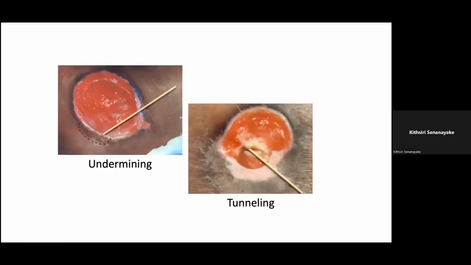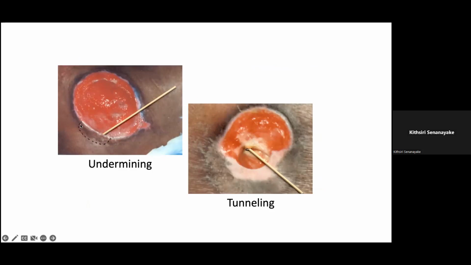And these two things also you should look for when you look at a wound. For example, you might see nothing, but when you probe the wound, you can see there's undermining. If you can probe under the skin, it is called undermining.